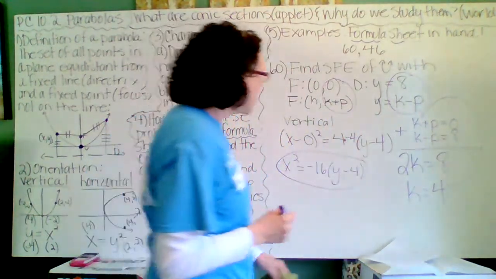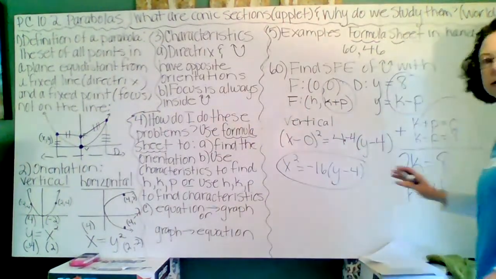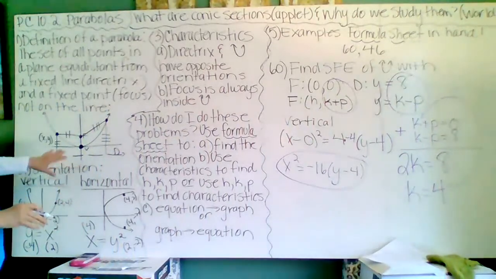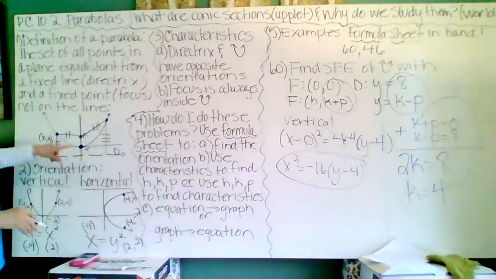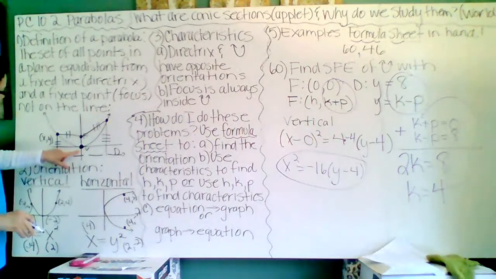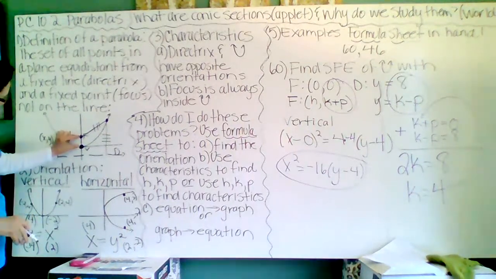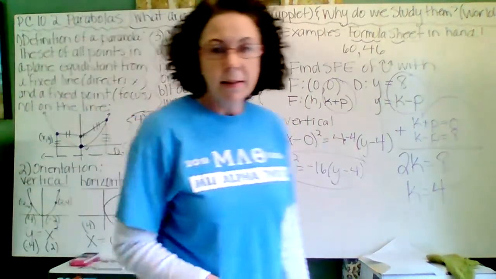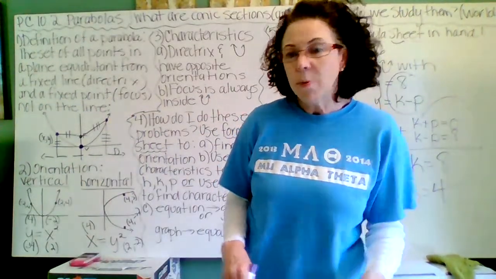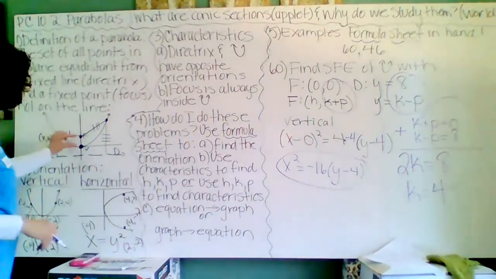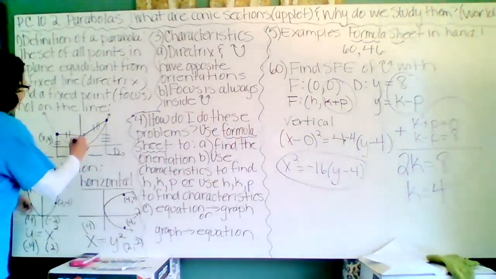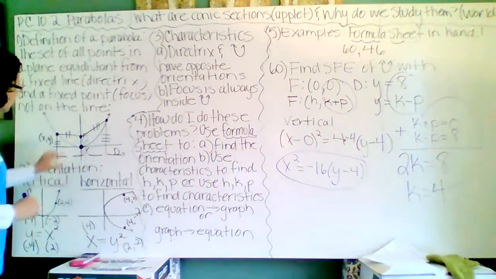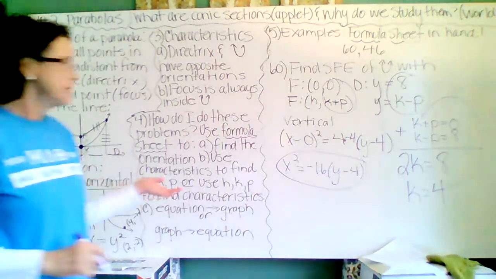Super easy. But I did just want to point out, here's what I see in my picture. My vertex is the same distance from the focus that it is from the directrix, because that's what a parabola is. It is all the points that are an equal distance from a focus and a directrix. In fact, this length is called p right here. So I actually could have figured this out.